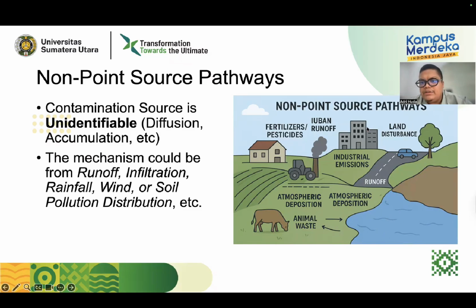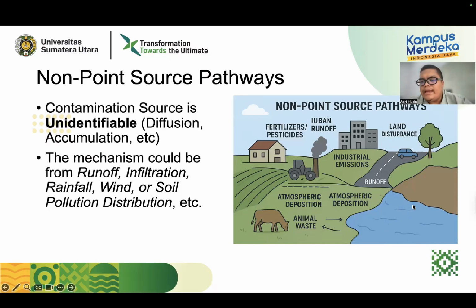Even industrial emissions produce gases, and the gases can contaminate the water through rainfall. There is also land disturbance. For example, the asphalt here contains hydrocarbons, and when a car hits the road, the spill on the road can become a source of hydrocarbon pollution, and then leach into the river here.